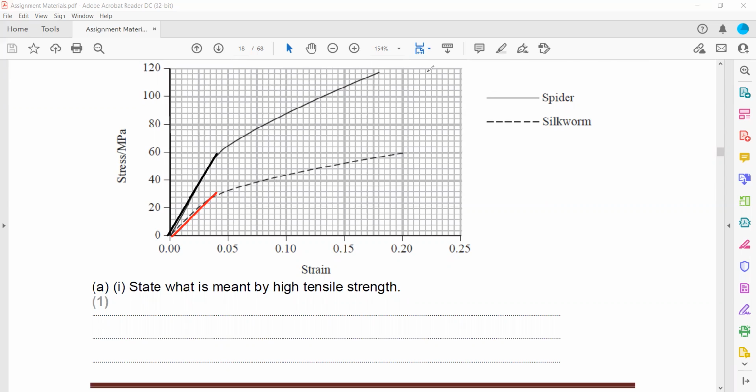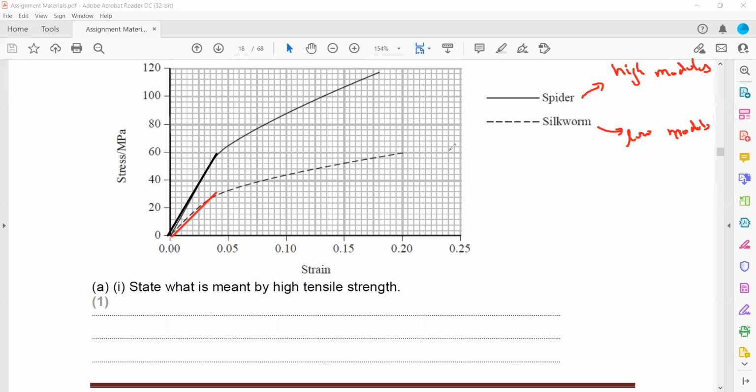So what it shows is that the spider silk has a high Young's modulus, and the silkworm silk has a low Young's modulus.